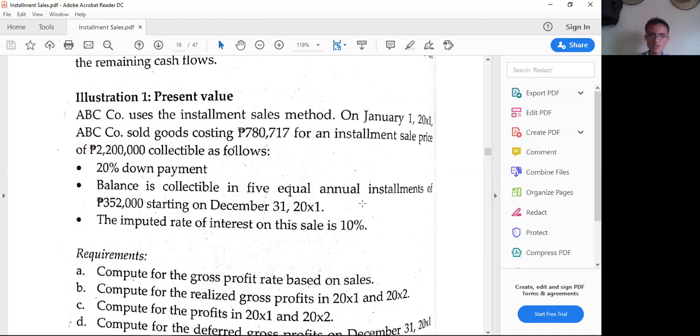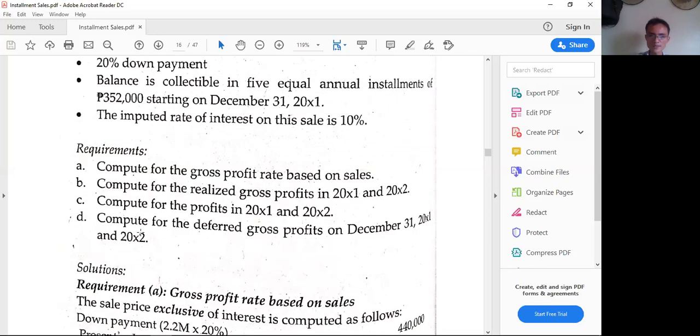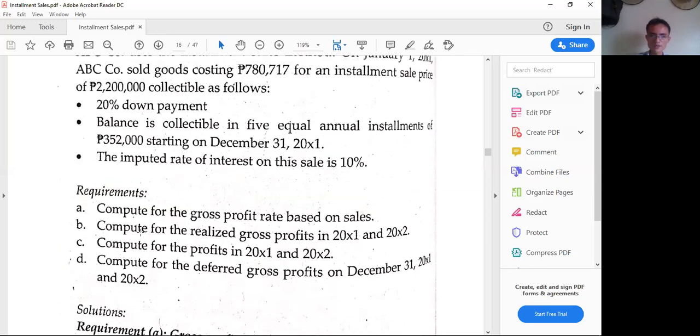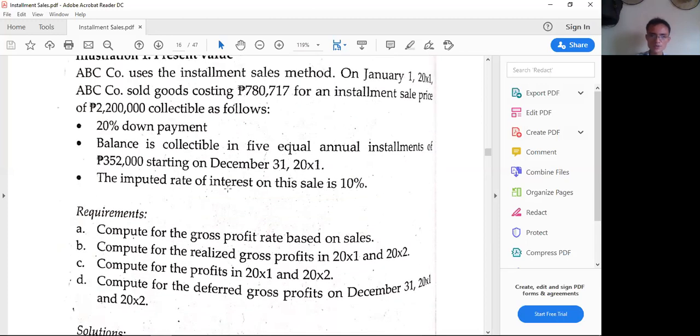However, in this particular situation, there is a mention of an imputed rate of interest. When you say impute, meaning we are going to charge or extract the interest out of the particular type of sale or the amount of sale. So that's why, in other words, you really have to compute the present value of this particular note.